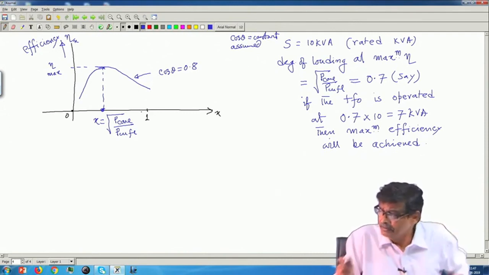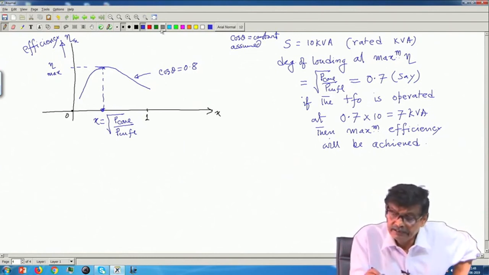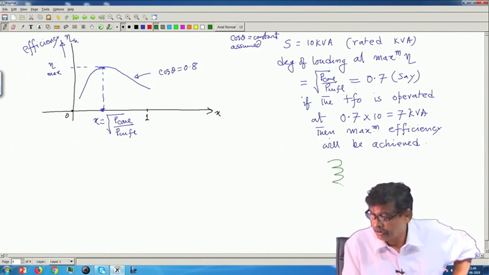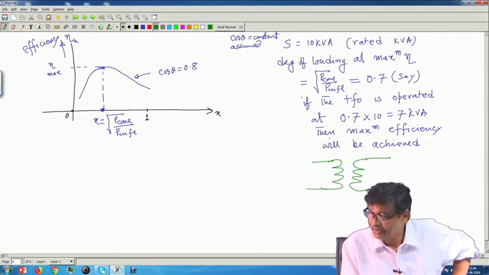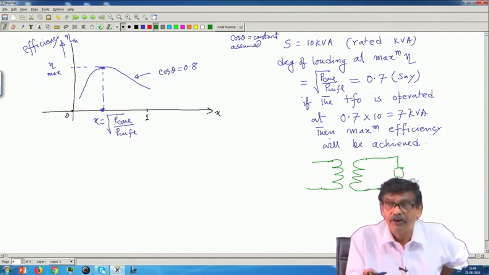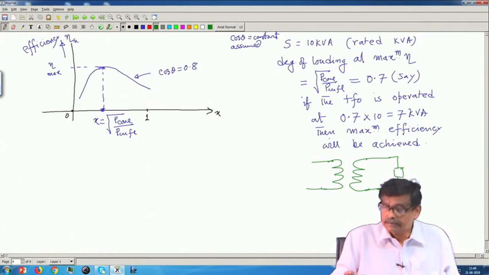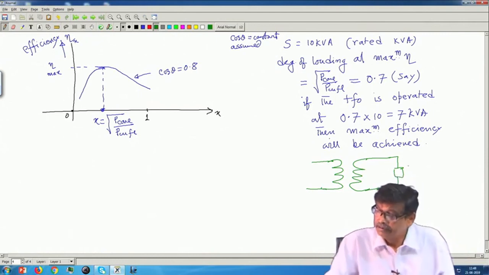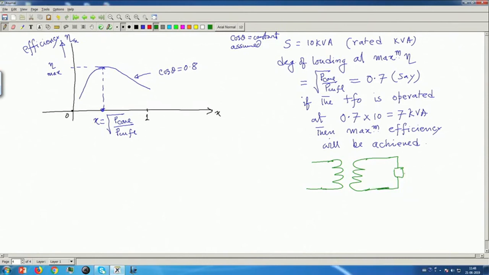What does that mean? It means that this is your actual transformer, when you do this exercise of loading it. What I am saying is, keeping cos theta constant, how can I vary the current, the degree of loading? Any impedance such that you can vary the current, it is Z, the magnitude of Z I will vary keeping theta constant.